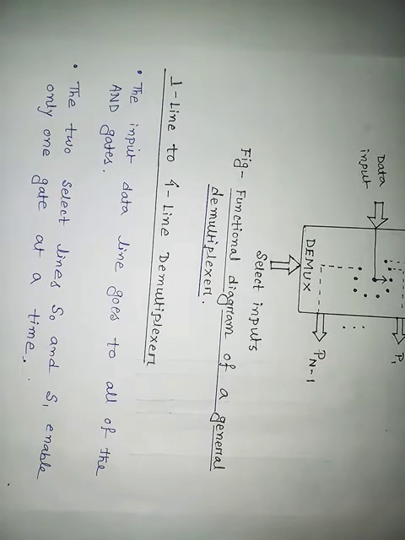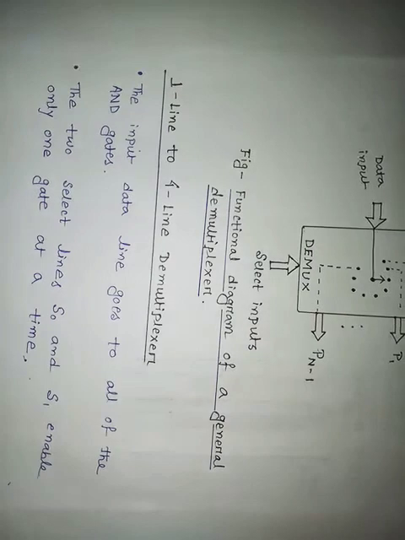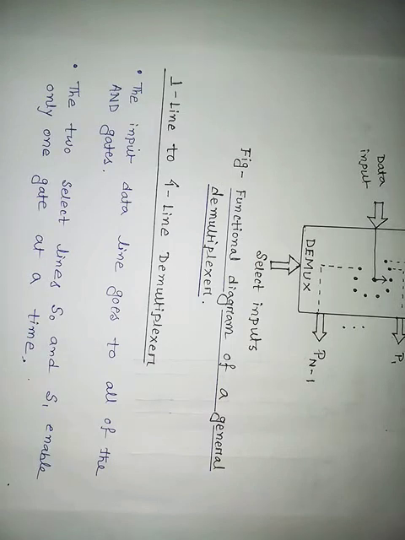In the first point, the input data line goes to all of the AND gates, that is, using multiplexing, a multiply term, so AND gates will be used. And in the second part, for one line to four line, for creating four lines, the number of select inputs is 2 because 4 is 2 square.